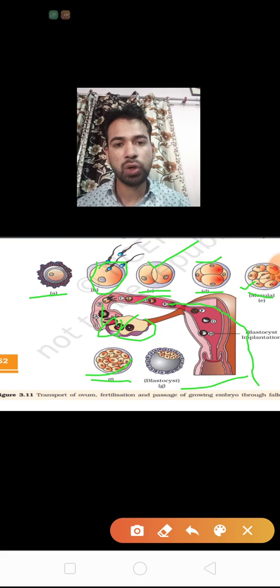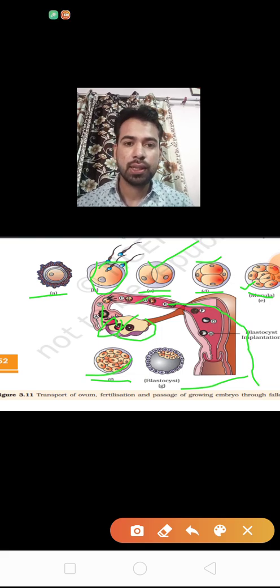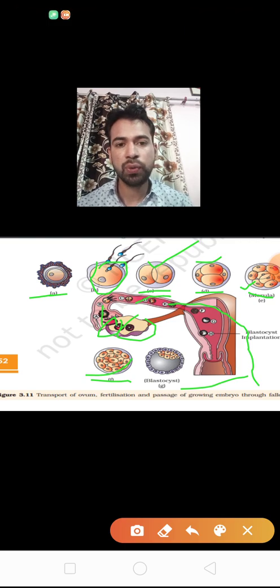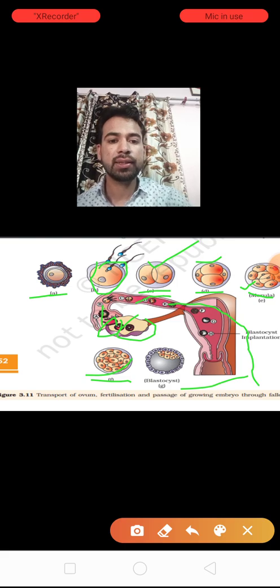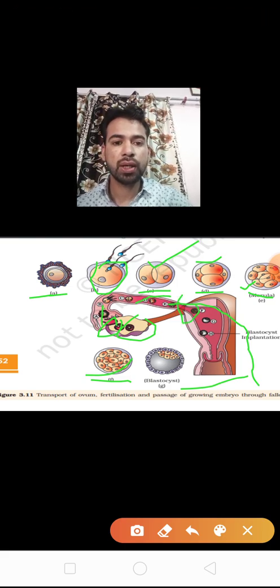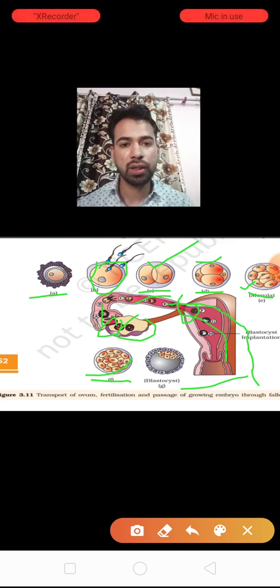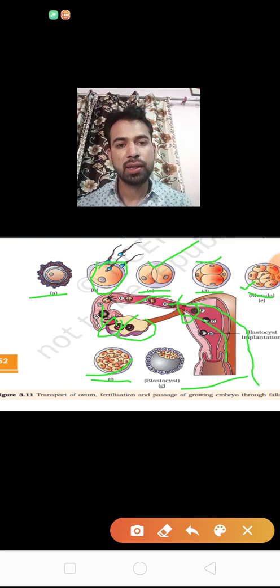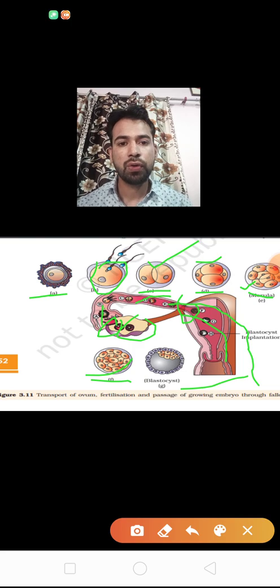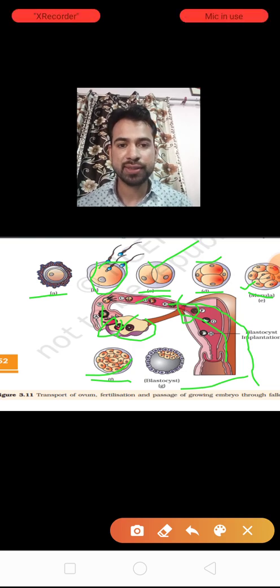It forms 2 daughter cells, then 4, then 8, after that 16, 16 to 32. And when this 32 stage is transferred to the innermost layer of the uterus, it is called implantation, where the embryo will develop and grow into a fetus.